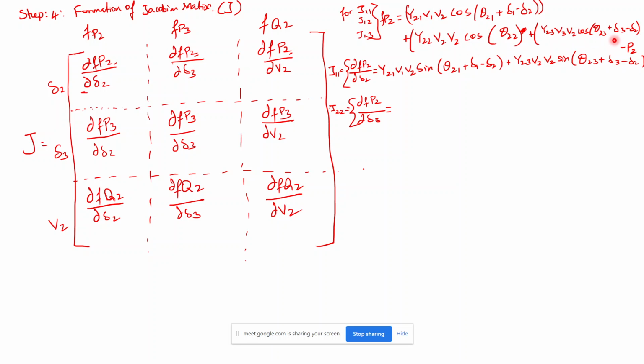Only here it is del 3, and it is plus del 3 in a cos, so you will get a minus sign.